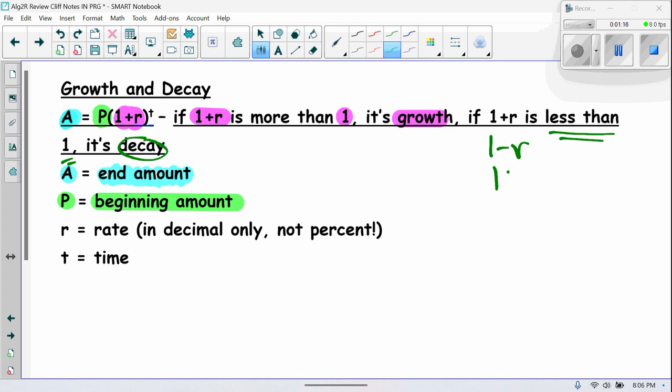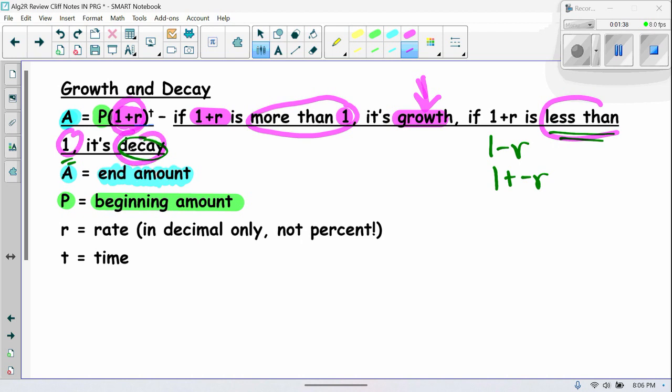But you can do 1 plus a negative r, so it doesn't matter. But if what's in parentheses is more than 1, it's growth. If that value is less than 1, it's decay.